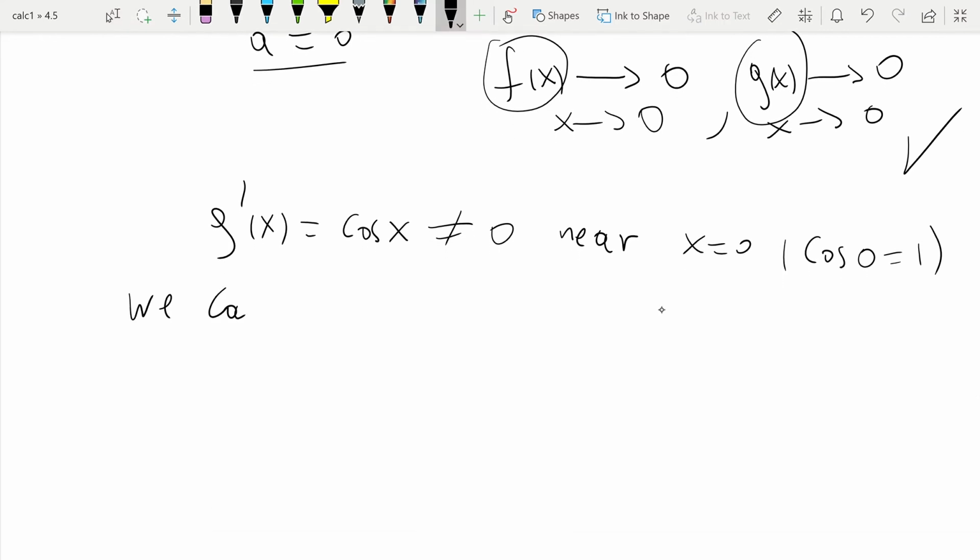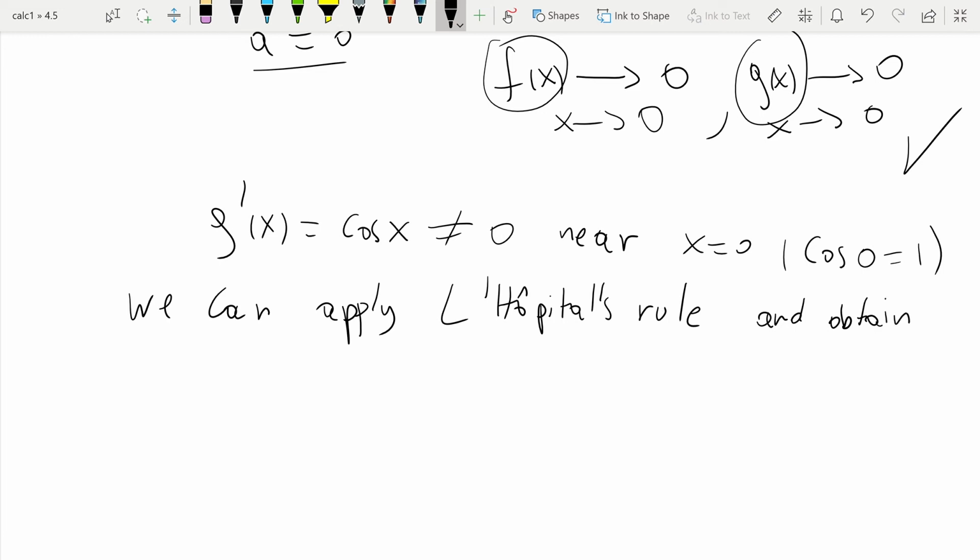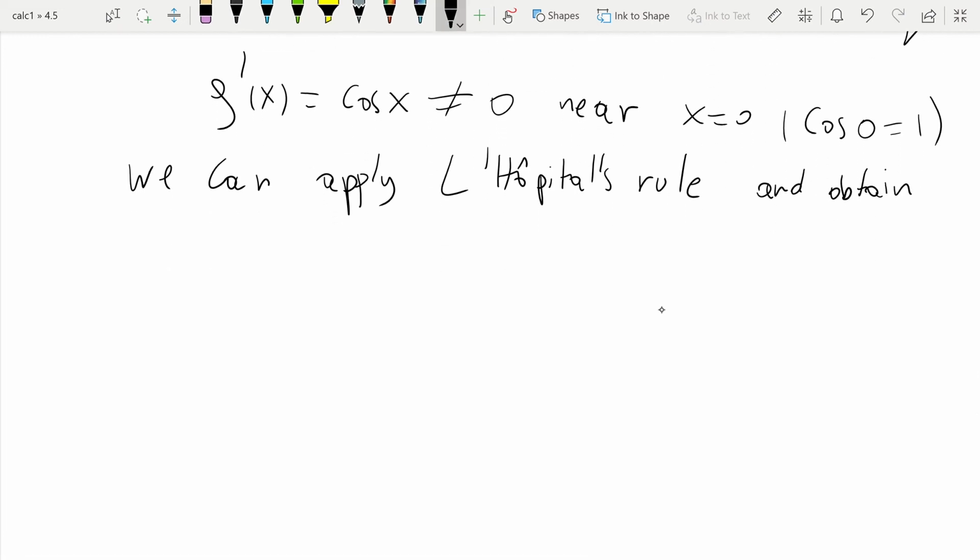So we can apply L'Hopital's rule and obtain the limit as x approaches 0 of 1 minus e to the x over sine of x is equal to the limit of f prime over g prime.